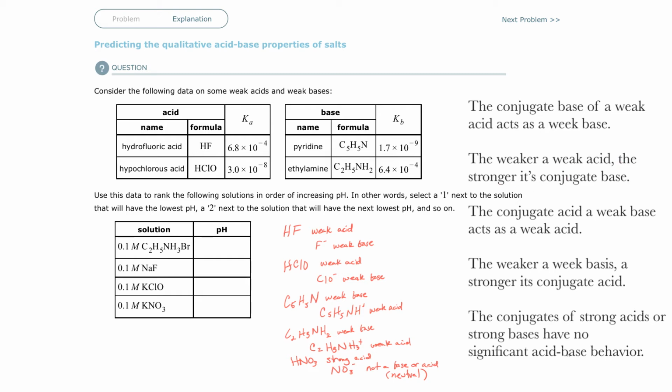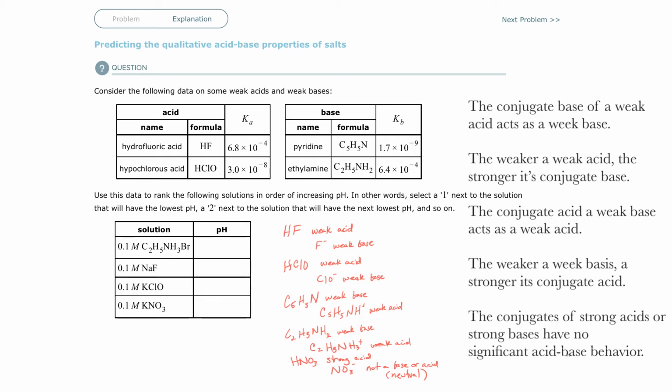The less likely I am to throw away the hydrogen, the more likely I am to catch it because I want it. The more likely I am to throw the hydrogen away, the less likely I am to catch it.